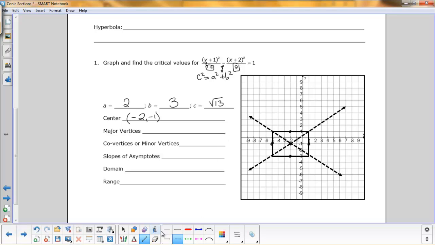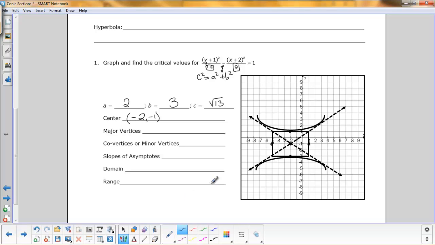And now you can more easily draw your hyperbola. A sketch of it would look like this. Remember that your hyperbola is going to get very near to, but not cross, the asymptotes here and here.